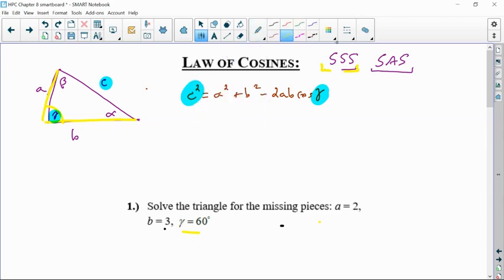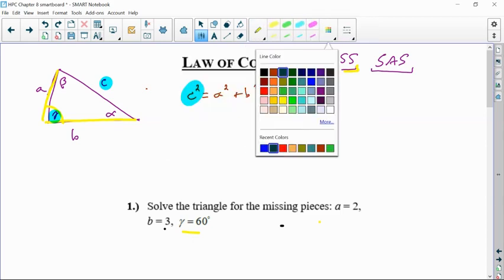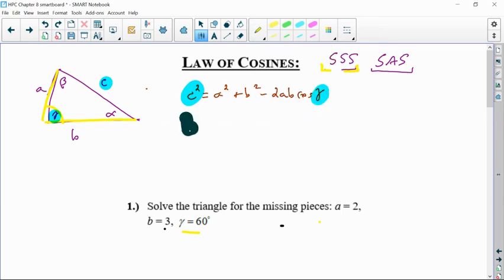There's no reason why I couldn't have called it b squared. Still getting used to this new stylus, I apologize. So then I could say b squared equals the other two side lengths, a squared plus c squared minus 2ac cosine of, well, what's the angle opposite b?